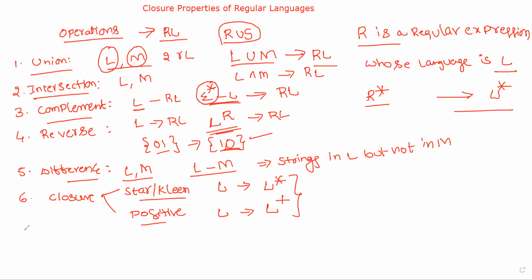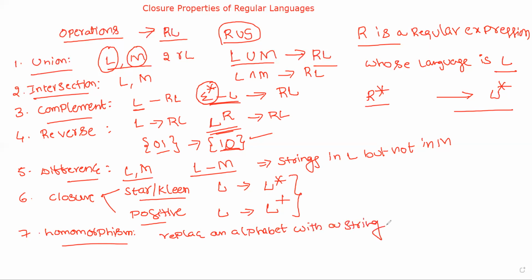Now, the next one is homomorphism. What do you mean by homomorphism? Simply, homomorphism means you replace an alphabet, meaning an input symbol, with a string. After replacing, the resultant language is also a regular language.